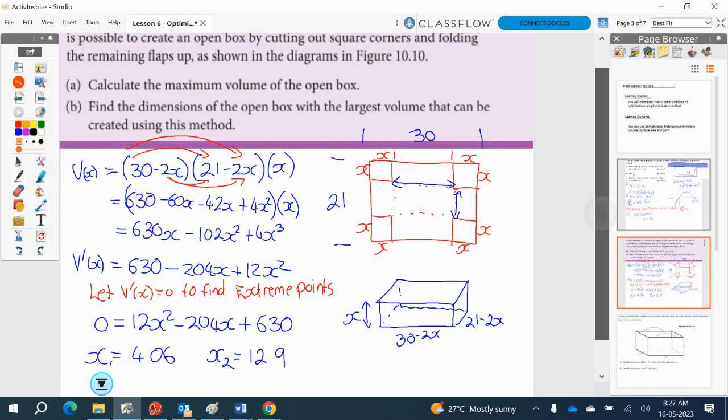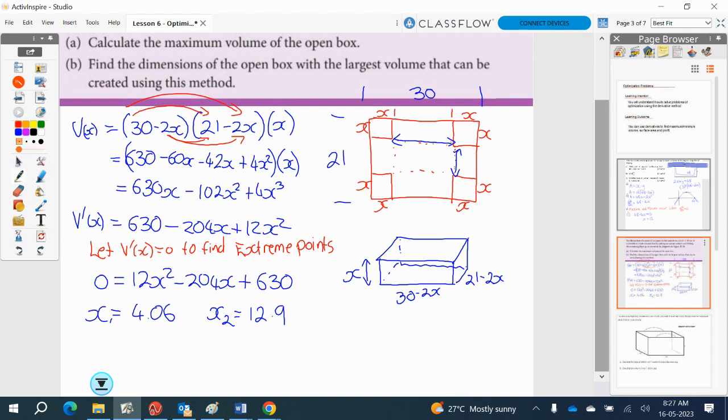All right, so what are we up to? We are calculating the maximum volume of the box. So we need to decide which one of these is going to give us the maximum, and which one the minimum. At this point, you've got a few choices of how you could do it. This question is not so well structured for this course.